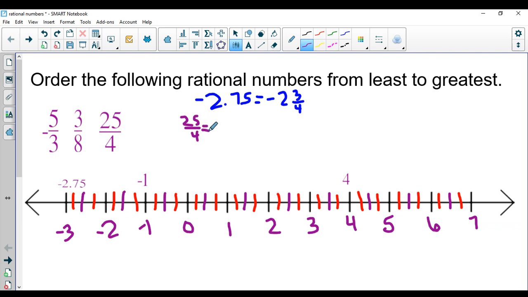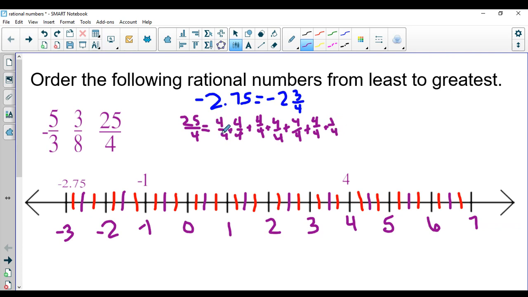By breaking it up into chunks of 4/4, I know I would have 4/4, 4/4, 4/4, that would be 12/4, 16/4, 20, 24 is almost 25, and then I would have 1/4 left over.